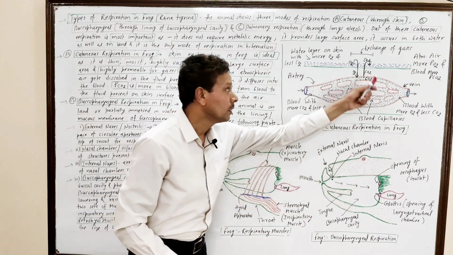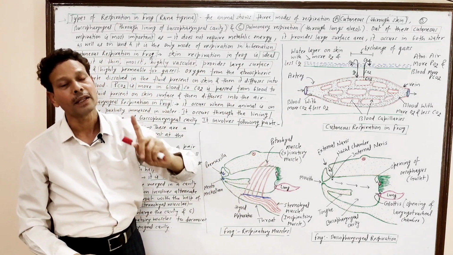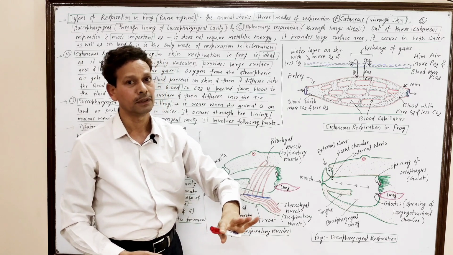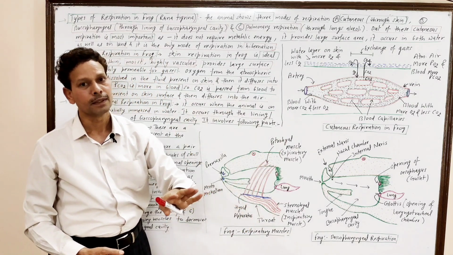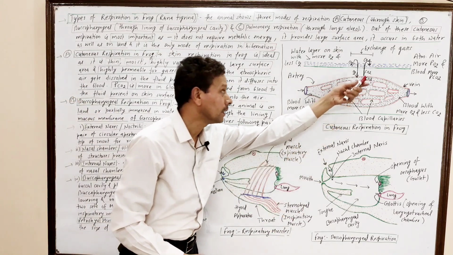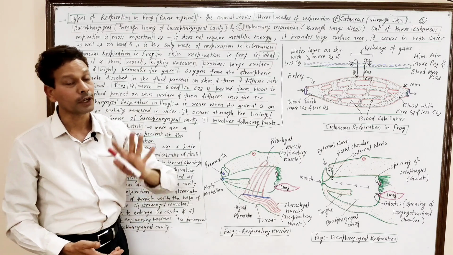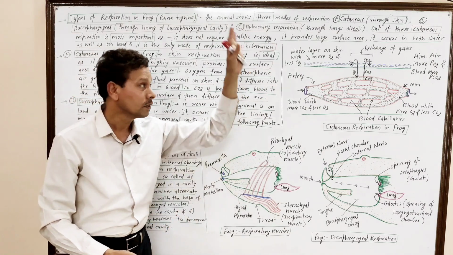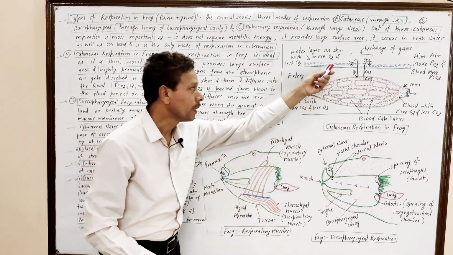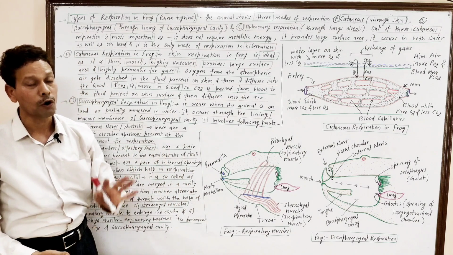But cutaneous respiration is most important, particularly when the animal is dormant. It remains in winter sleep, the hibernation period, and at that time skin is the only mode of respiration. And in normal conditions, both methods, skin as well as buccopharyngeal respiration, operate.